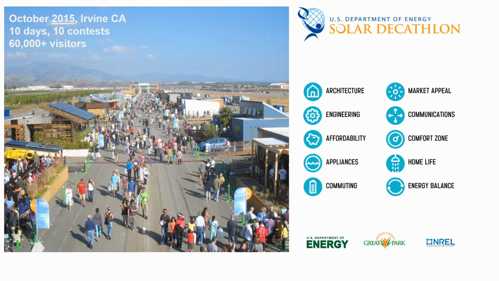It has to be narrative driven, with a reason to exist other than just that. And there are 10 contests, that's why it's a solar decathlon. 5 of them are juried, like architecture and affordability, and 5 of them are quantitative.